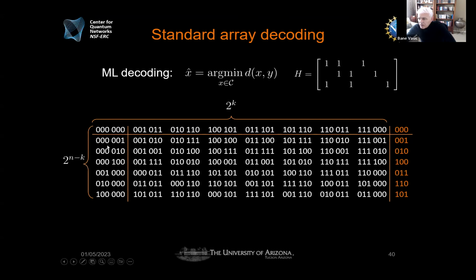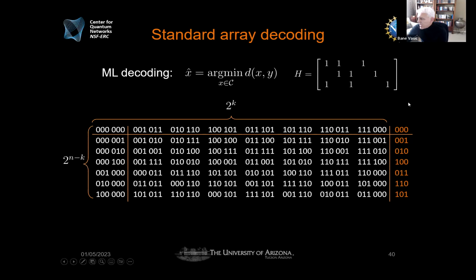In each other column, I will add this error pattern to the corresponding code words. So you see that overall, there are 2 to the n possible vectors. In this way, I divided all these 2 to the n vectors into groups of 2 to the k vectors, and I can perform the decoding.